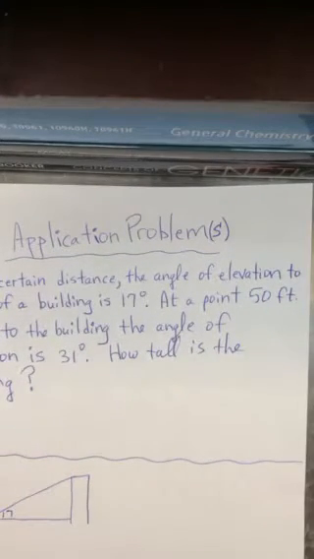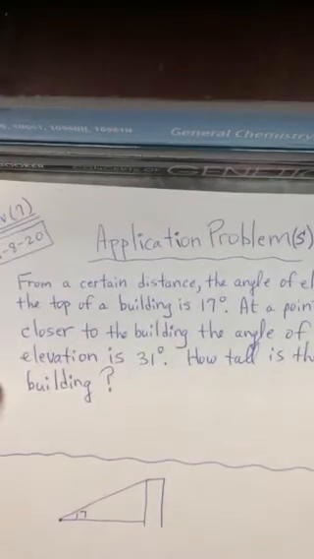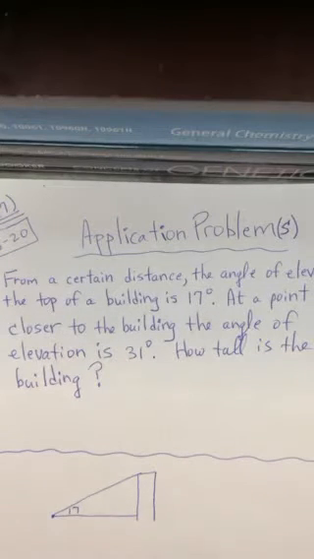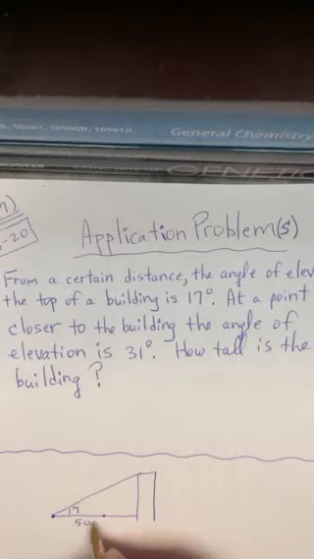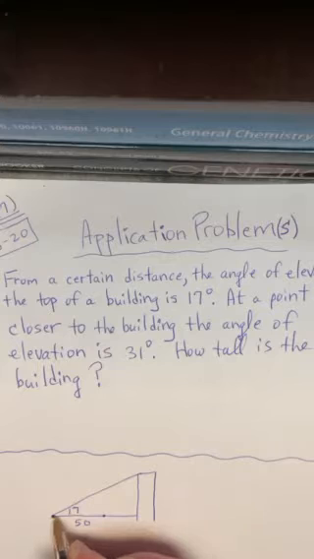At a point 50 feet closer to the building. Oh, so now I'm going to start where I was at, and I'm going to move to a point that's 50 feet closer to the building. So draw your little picture here and go 50 feet to the right.